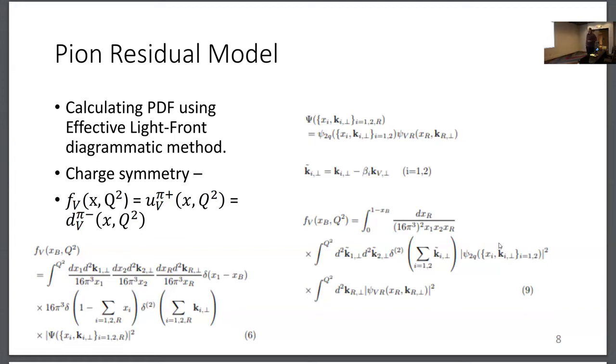So the wave function could be split into the valence, which is the 2-quark, and the residual system. And then basically the integral could be factorized into the X residual integral, the K-perp for both quarks, and the residual K-perp with the residual system.